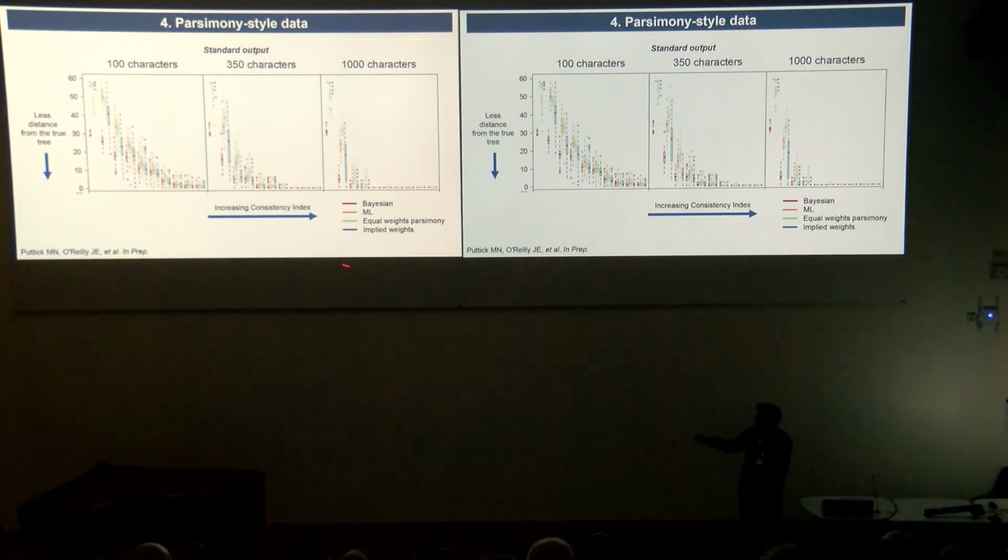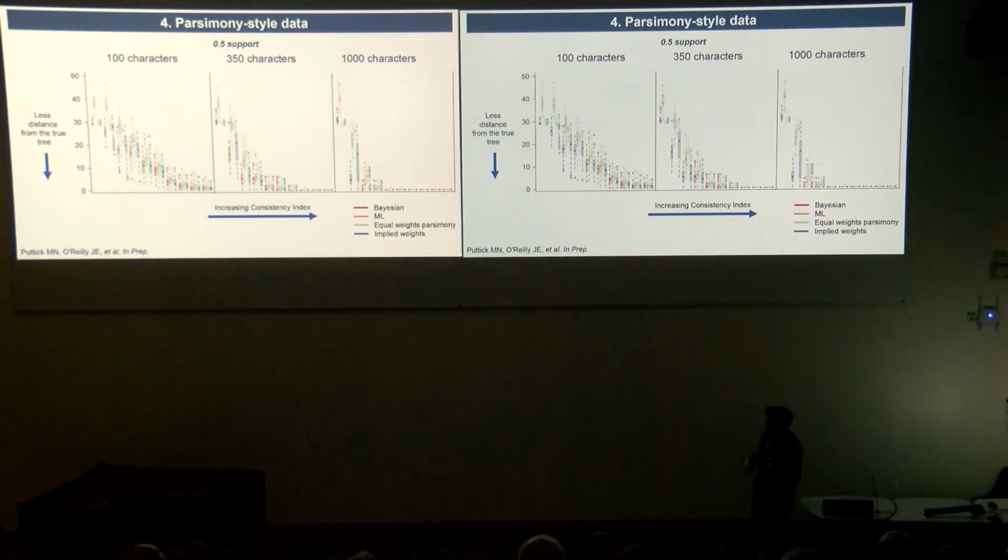In areas of higher homoplasy, where there are only a few characters which are homologous, we're finding that Bayesian tends to outperform every other method. This is probably what we would expect given the results of Wright and Hillis. Implied weights is doing the second best in these analyses. And these trends continue whether or not we take into account support values.